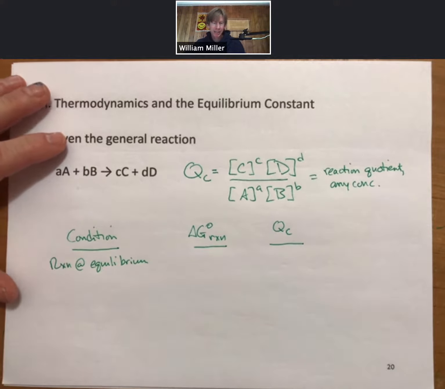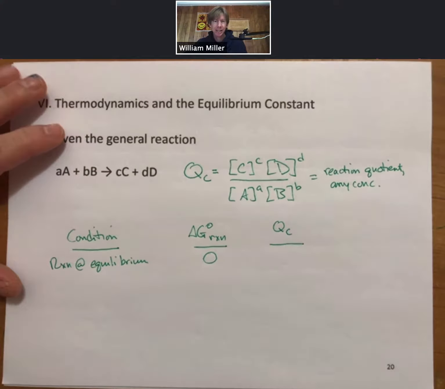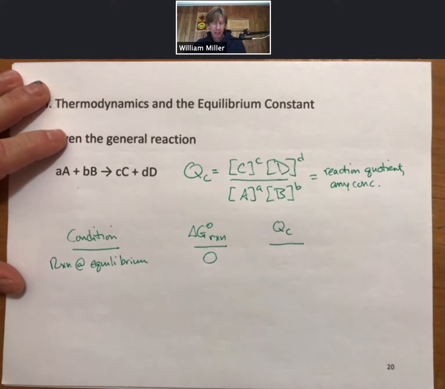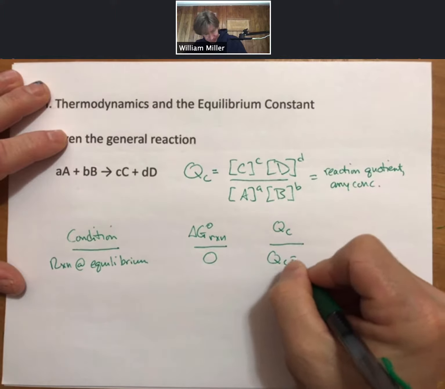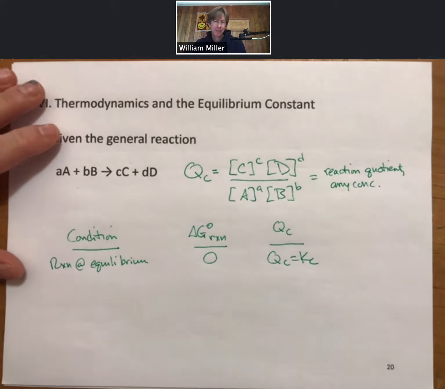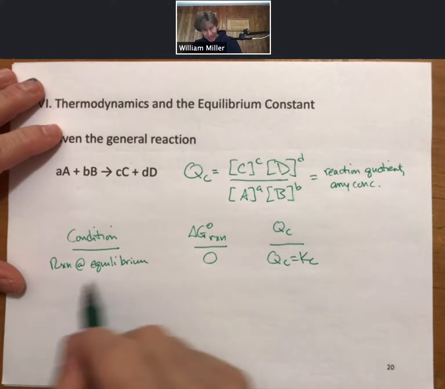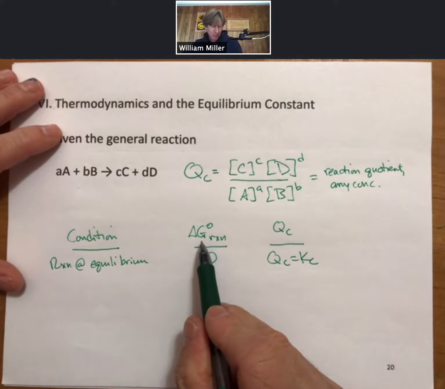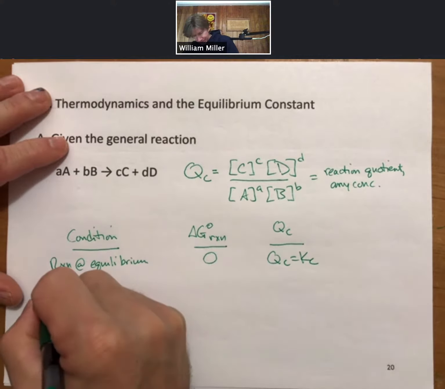What we've said is that delta G, when a reaction is at equilibrium, equals 0, and QC equals Kc.